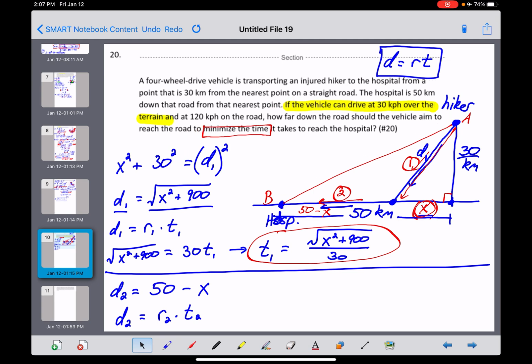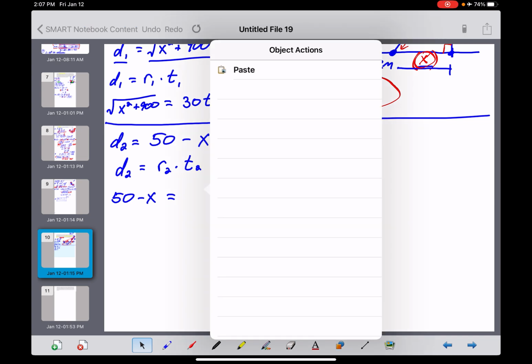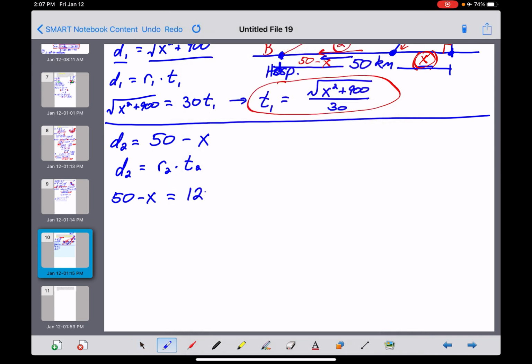That is 120 kilometers per hour. So that's going to be rate 2, 120, multiplied by time 2. So dividing by that 120, time 2 is going to be 50 minus x all over 120, and there's time 2.